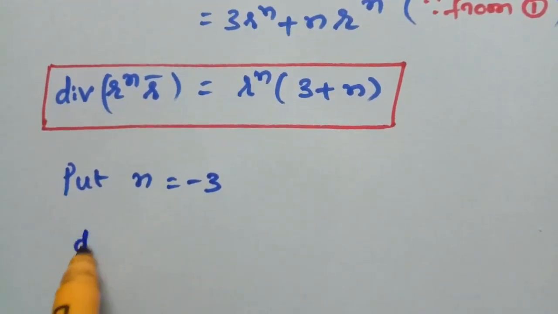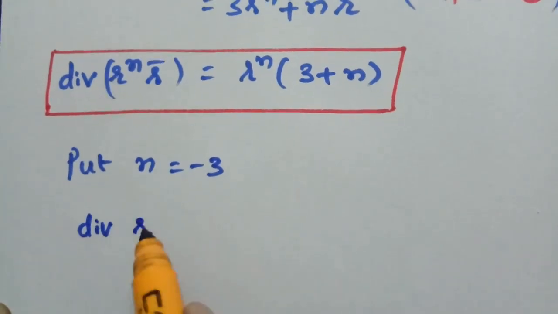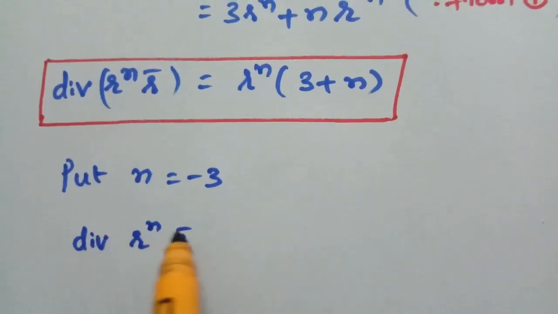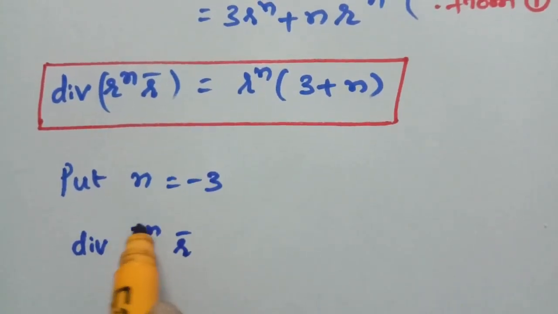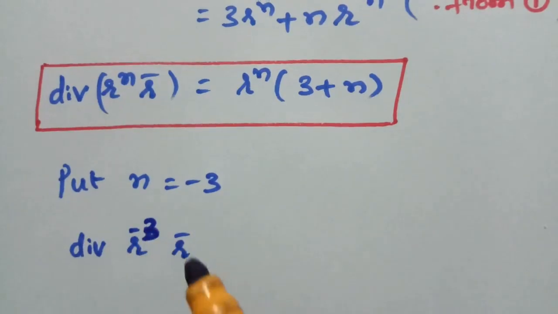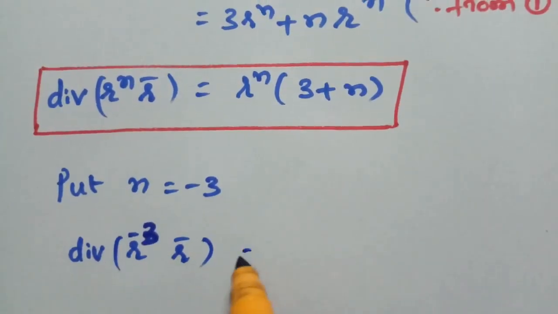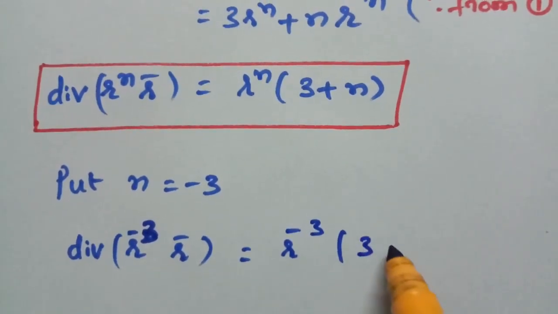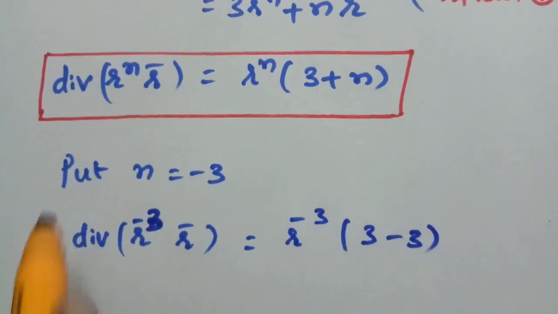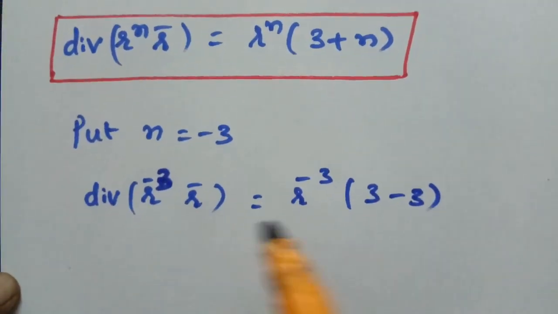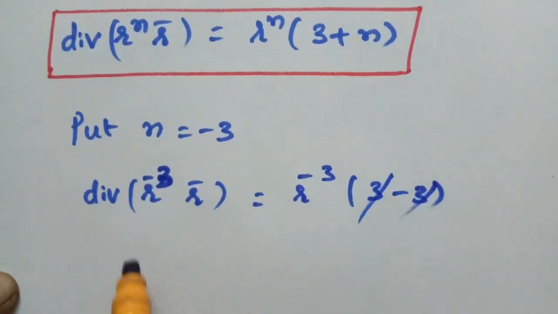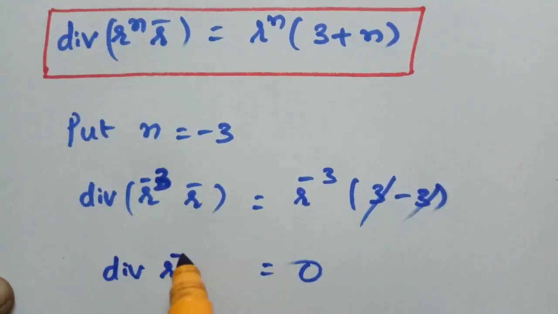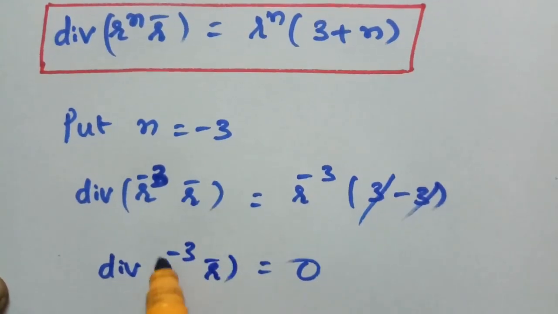See, divergence of r power n into r bar, that means with n equal to minus 3, r power minus 3 into r bar, 3 plus minus 3. If n is equal to minus 3, it becomes 0. Therefore this is equal to 0. That means divergence of r power minus 3 into r bar is equal to 0.